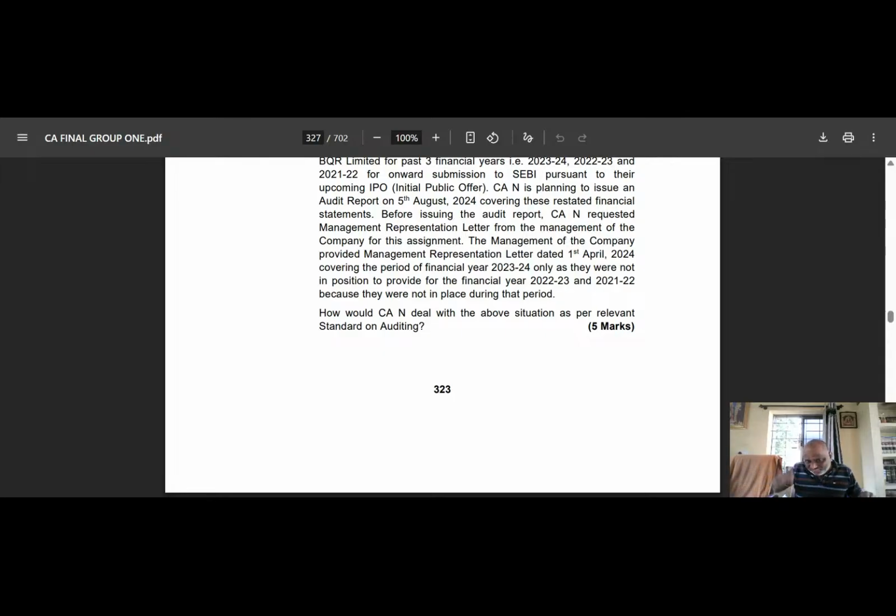As per SA 560, subsequent events, the auditor is concerned with events occurring up to the date of the auditor's report that may require adjustment to, or disclosure in, the financial statements. The written representations are dated as near as practicable, but not after, the date of the audit report on the financial statements.